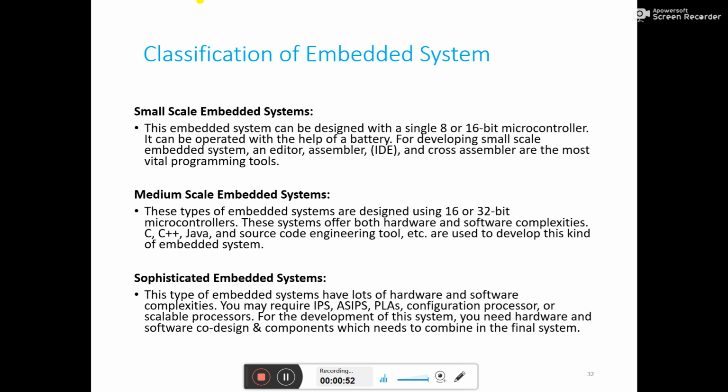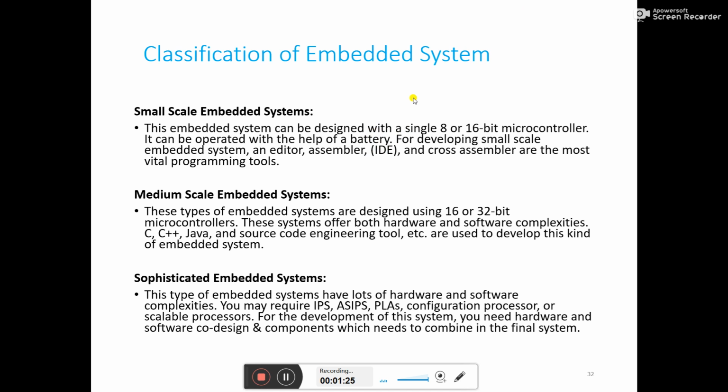The small scale embedded system. This embedded system can be designed with a single 8 or 16-bit microcontroller. It can be operated with the help of a battery, so very small scale embedded systems are used, and we can make them for small scale operations and small indoor use.